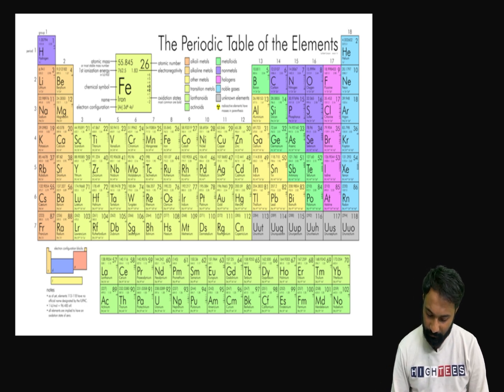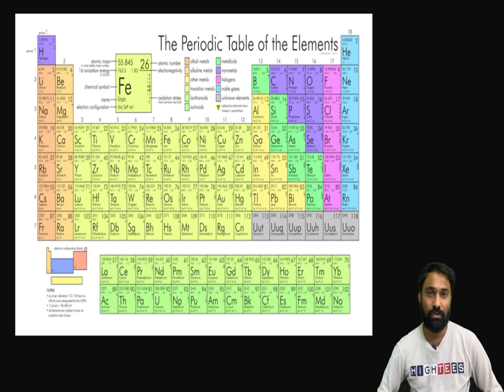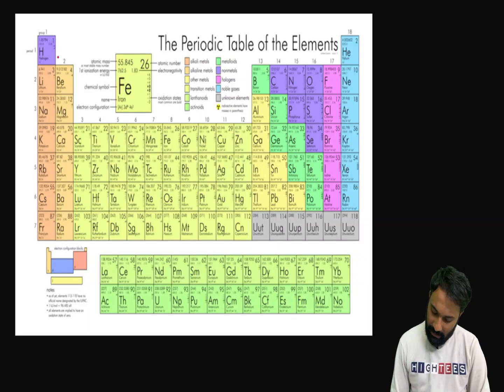Here in the periodic table, what are we going to study and see? If you go from left to right, from period to period, what is happening? When you go from top to bottom, what is happening?